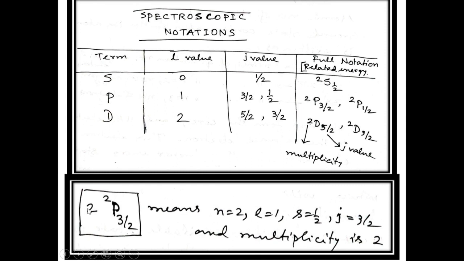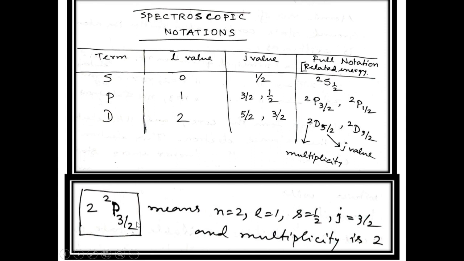As it is the P state, definitely L will be 1. As multiplicity is 2, then 2S plus 1 equal to 2, so S equal to half and J equal to 3 by 2. So it is the full designation of that electron in that state.